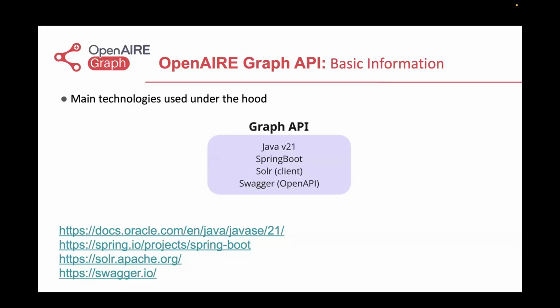And Swagger is just a simple UI that renders the endpoints and shows the data schemas of each endpoint. I'm gonna show you this UI in a minute.